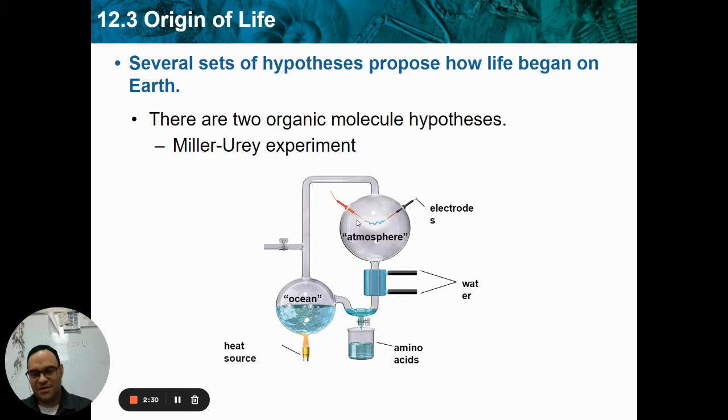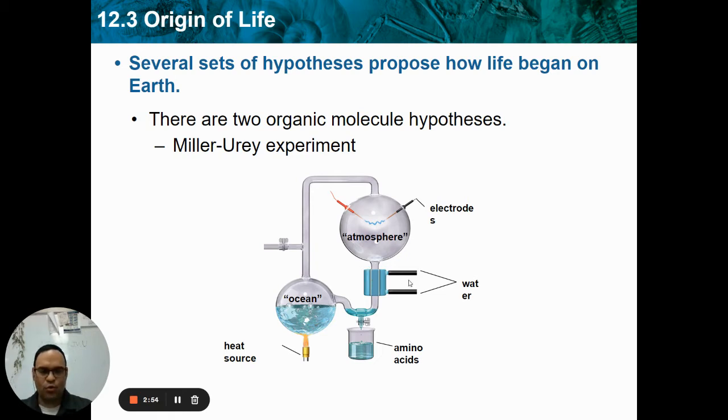So this would be a very active element. They put in the chemicals they thought were around back then, and they ran all this water vapor through here, and electricity, electricity, electricity. Then they let it condense a little bit. As it cooled, for lack of a better word, it would rain inside of this chamber.